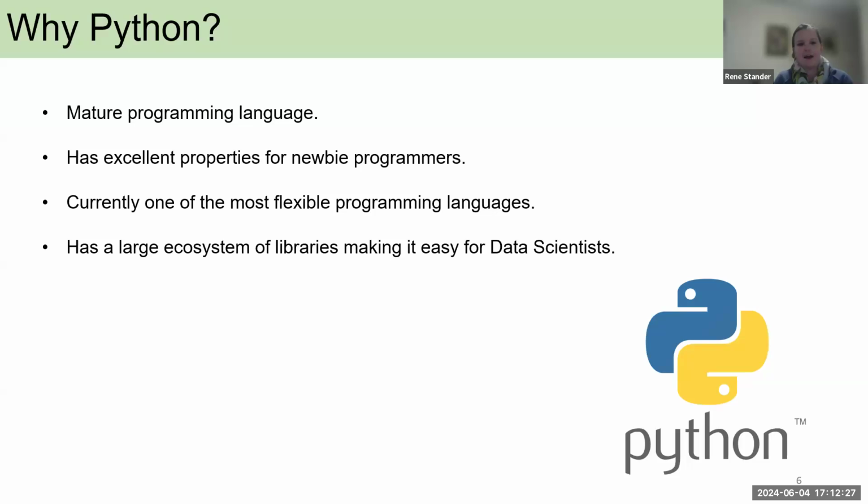On the next slide, I will show you some applications where part of the code is actually written in Python. It also has a large ecosystem of libraries for statistical applications.